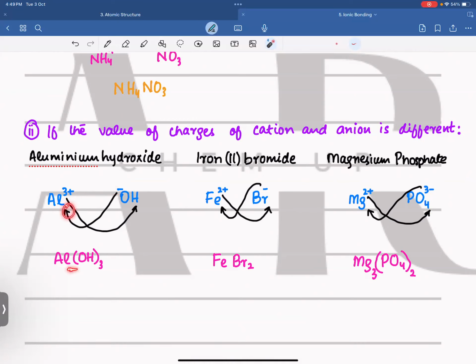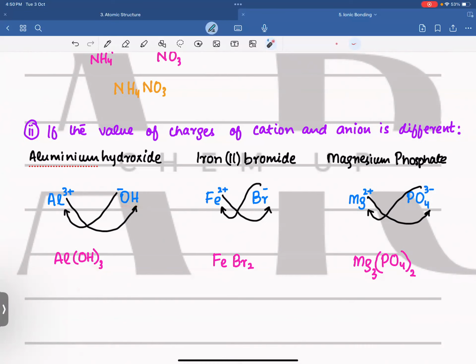That's why there is no need to put a 1 over here. The value of the charge of this ion is 3. So I will move 3 to the subscript of this. And listen, there are 2 atoms, so I have to enclose it in a bracket. If I instead write it like this, it means that 3 is with the hydrogen only. So there are 2 atoms, that's why I have to enclose it in a bracket.